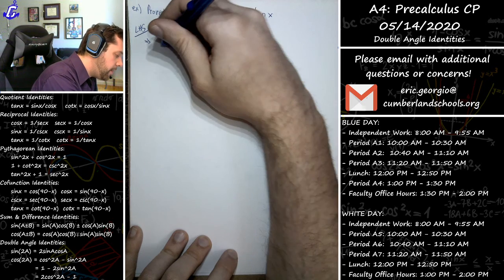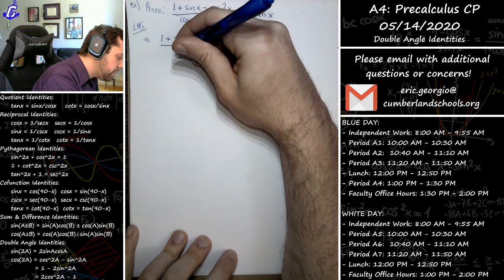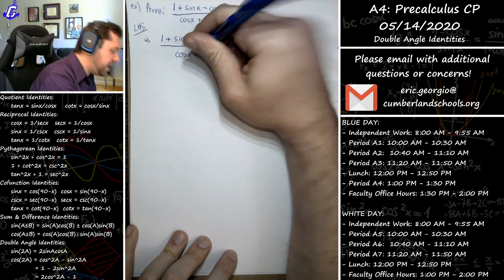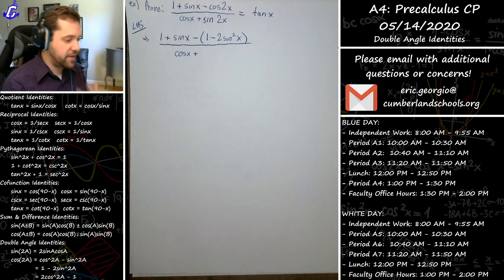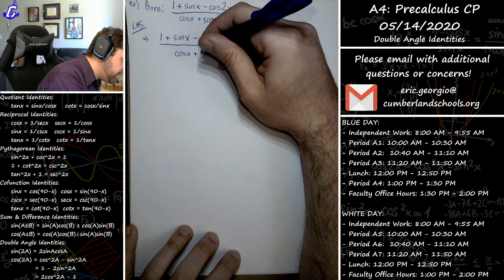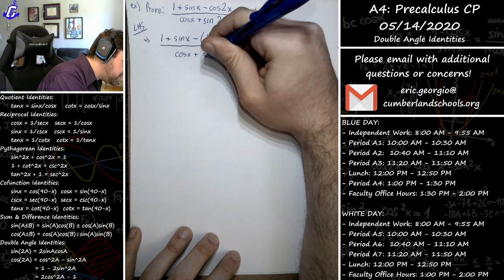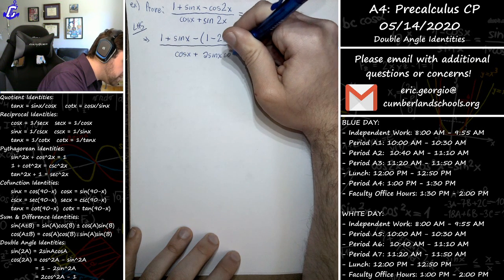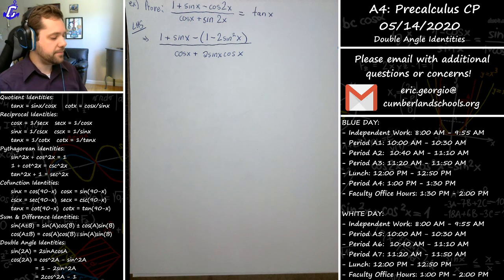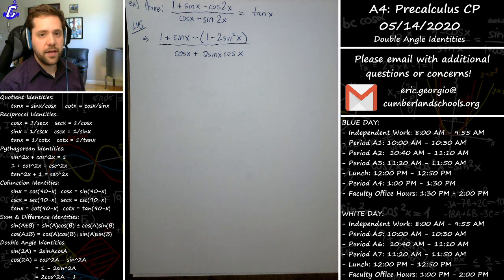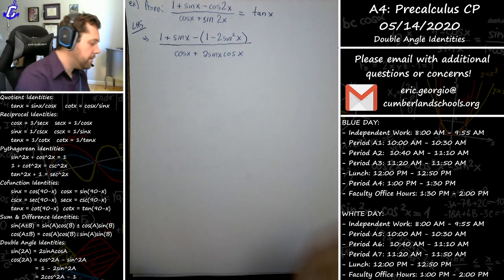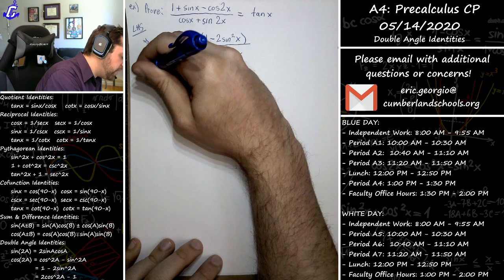Very important. All divided by cosine of x plus, now sine of 2x only has one choice. That's nice and easy for us. That is defined as 2 times sine of x times cosine of x. Alrighty? That's the identity we just applied. Now, let's see how we can rewrite everything.